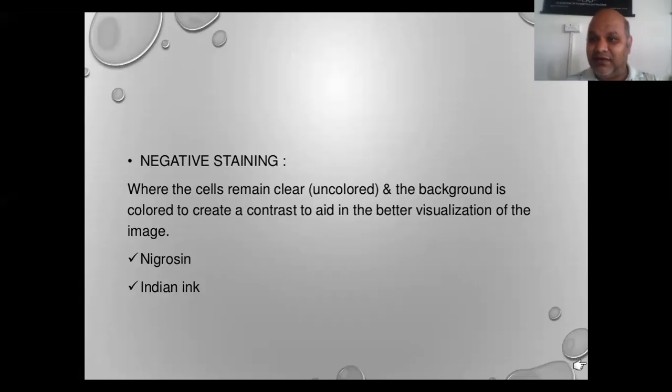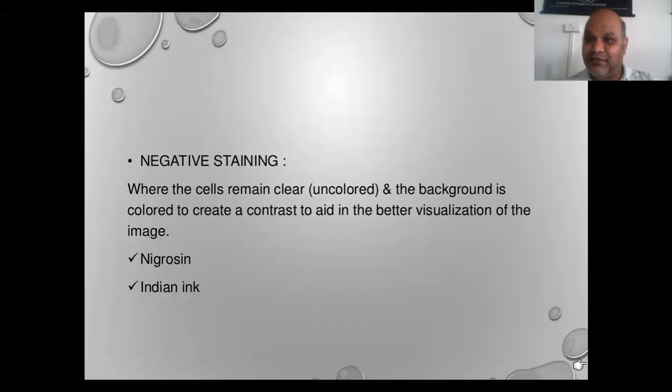We are not going to dye our organism, we are going to color our background. Okay, if the background is white and we kept our microorganism over there, after staining the background gets dark in color, and we can easily observe our microorganism. Okay, so that type of staining is the negative staining.